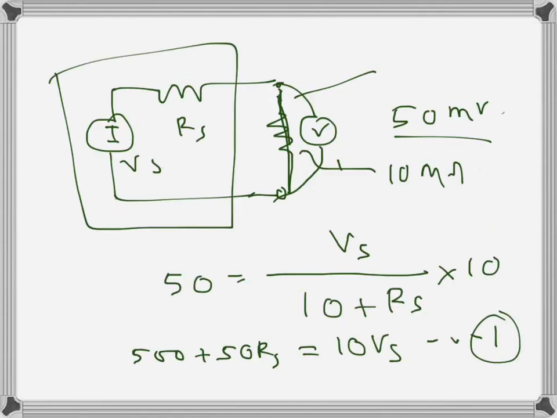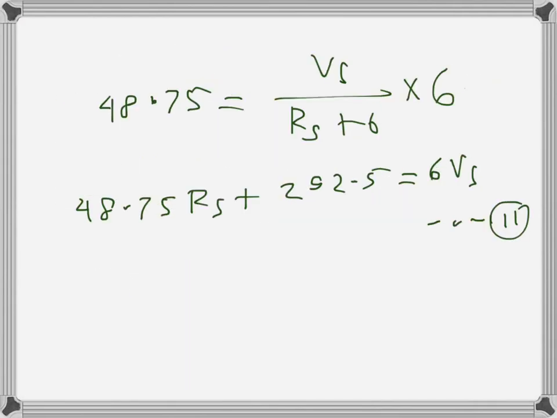If we look at equation 1 and 2, we can multiply equation 1 by 3 and equation 2 by 5, so that Vs cancels.